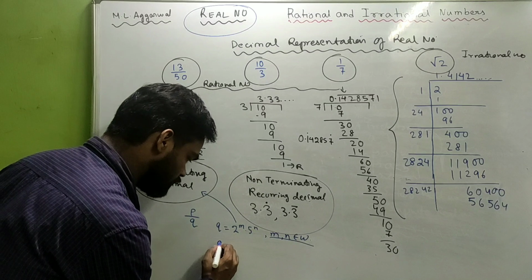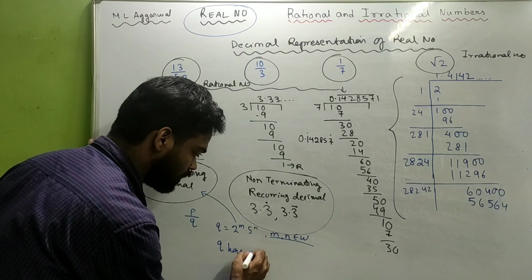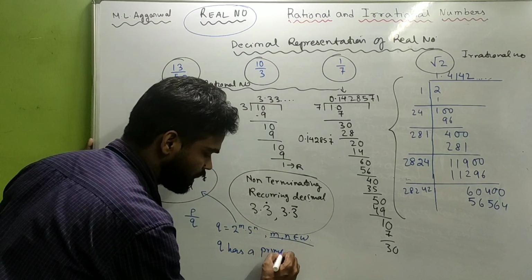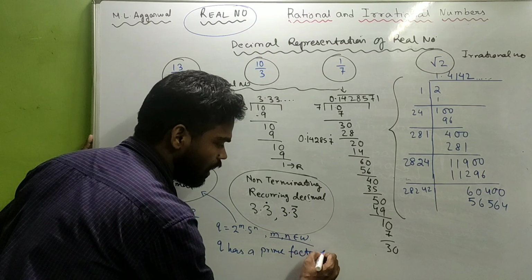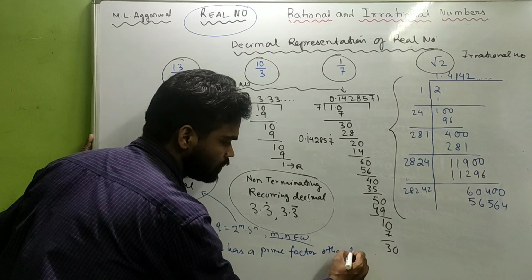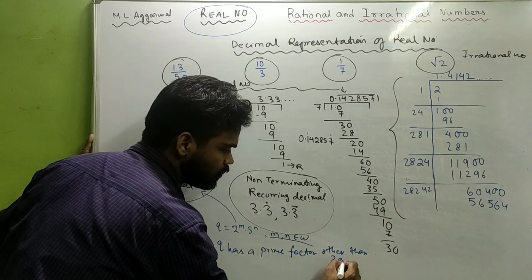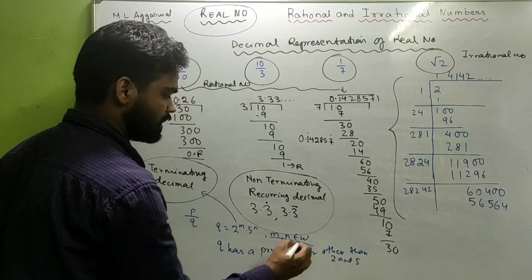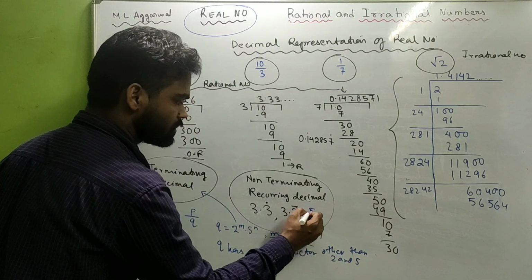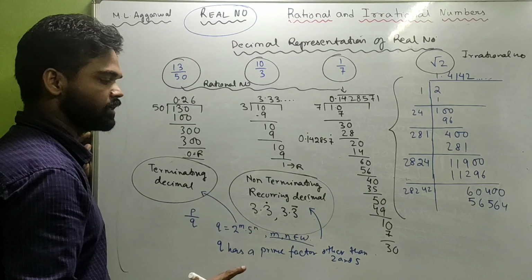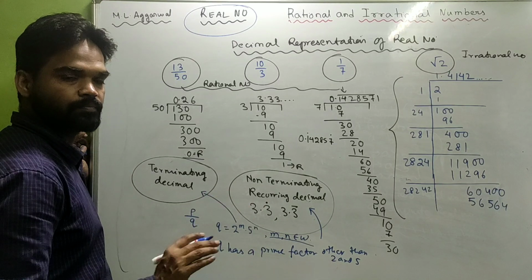But if Q has a prime factor other than 2 and 5, then we get a non-terminating recurring decimal.